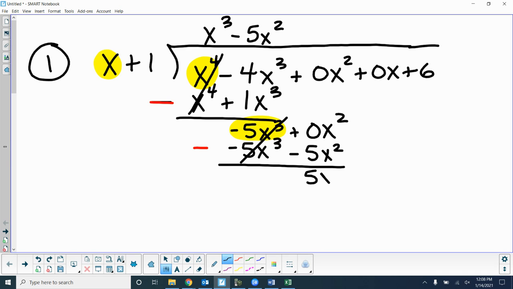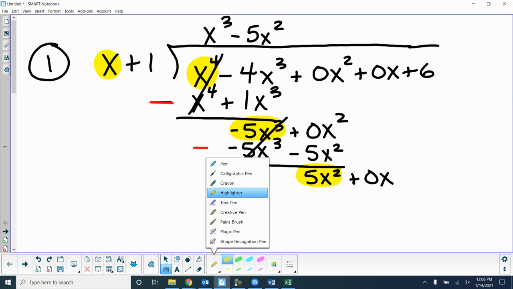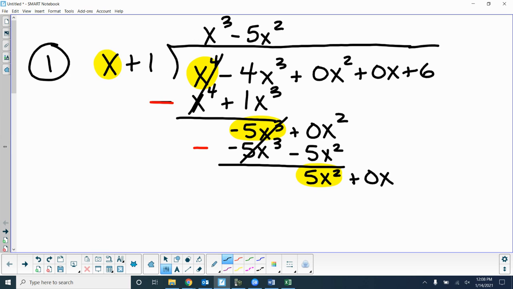So that's a positive 5x squared there. And then we bring down the 0x, and we start over. 5x squared divided by the x is 5x, positive, right? And then I multiply 5x times x, and 5x times 1.